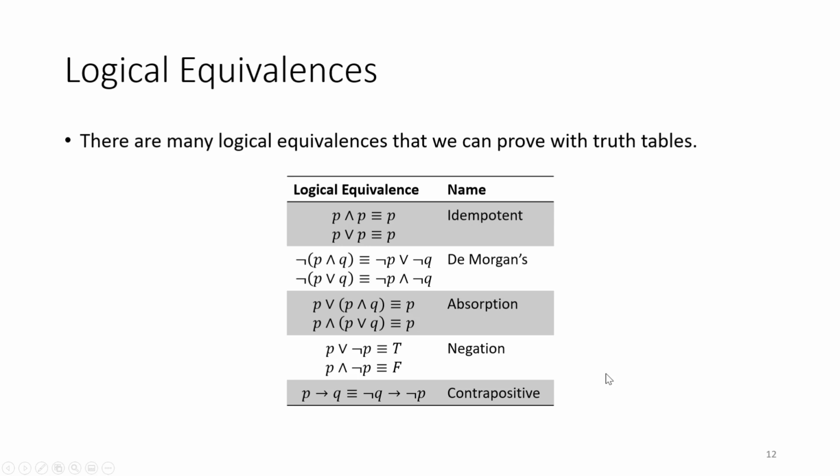But for our purposes going forward, I want to do a couple examples of using these logical equivalences to prove a Boolean statement. So the first statement that I thought I might consider is this one here, not (P and Q and R).